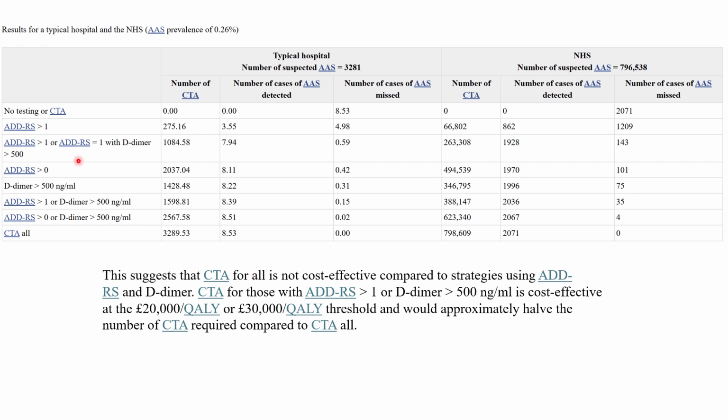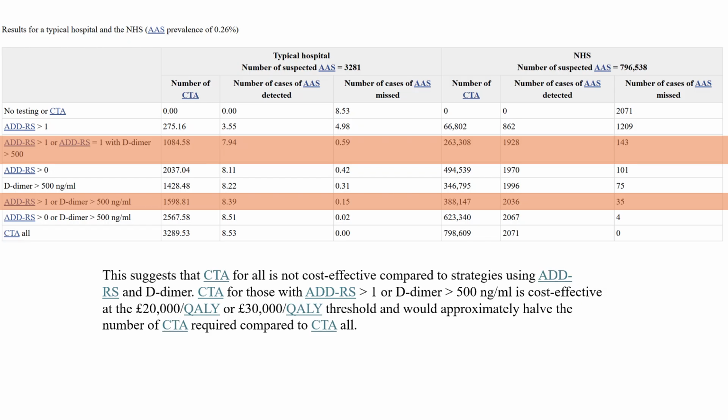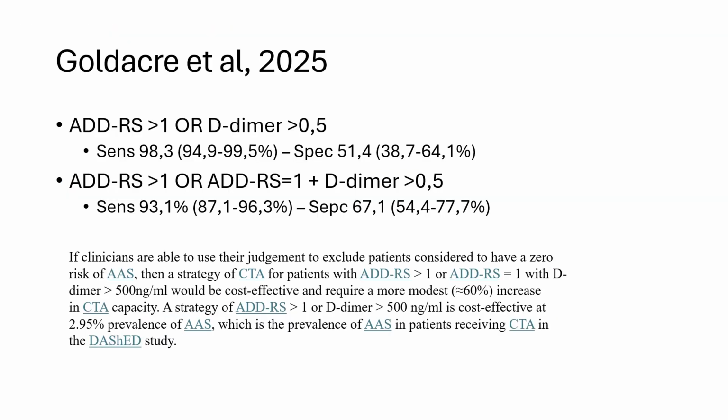So they think this strategy is cost effective. They believe, from what they find, that the sensitivity is around this and the specificity is around this, right?